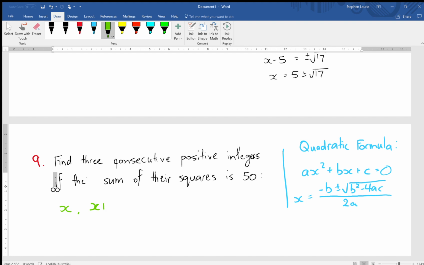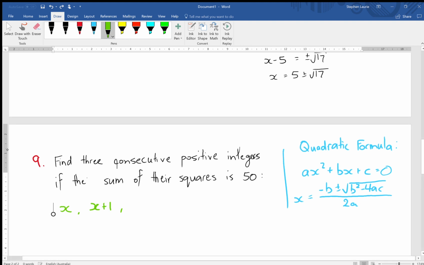It's x plus 1. And then the integer after that is just x plus 2. So x, x plus 1, and x plus 2 are our three integers that we're going to use.